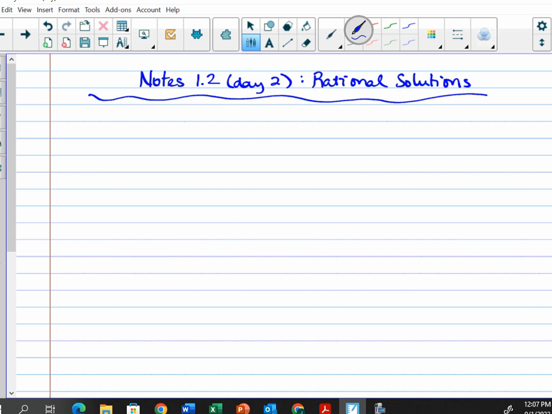Guys, 1, 2, day 2. We are doing rational solutions today. So first thing we're going to talk about is possible rational solutions. This comes from a P over Q list.